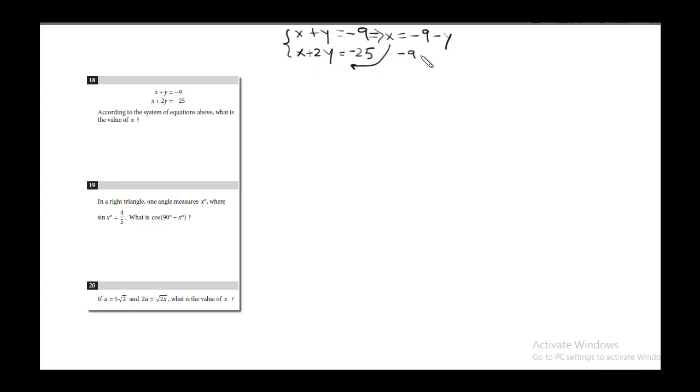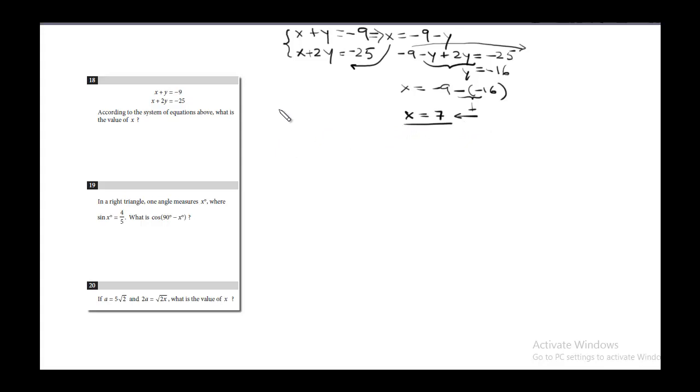We have -9 minus y plus 2y equals -25. Minus y plus 2y is y. So y equals -25, and -9 goes to the right hand side as +9. Minus 25 plus 9 is minus 16. If you replace, therefore, x will be equal to -9 minus -16. Minus minus is plus, so x is equal to 7.